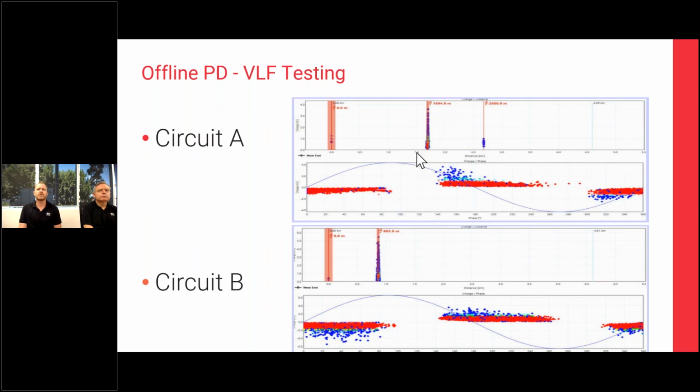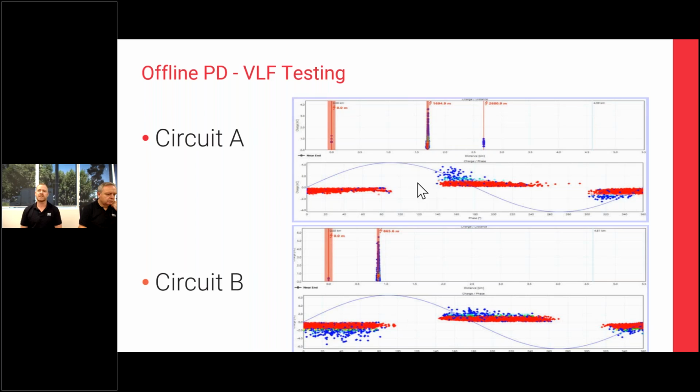On cable A, again at about 40% of the cable's length, we found high level discharge, and some lower level discharge here. On cable B, at about 20% of the cable's length, we saw PD as well. We can see the phase plots, the waveforms, and the distances to the PD via the VLF tests.